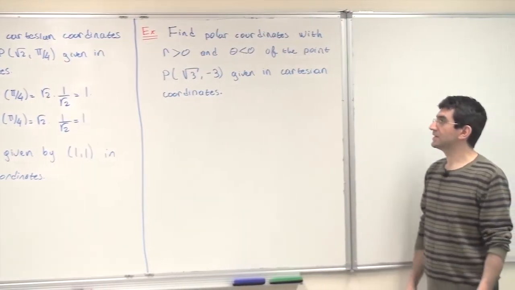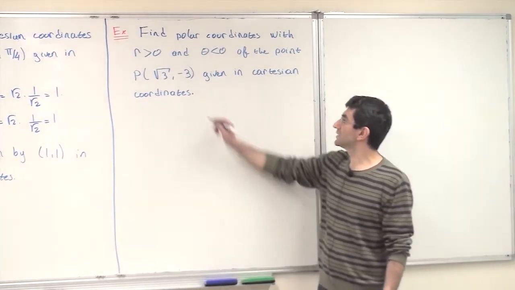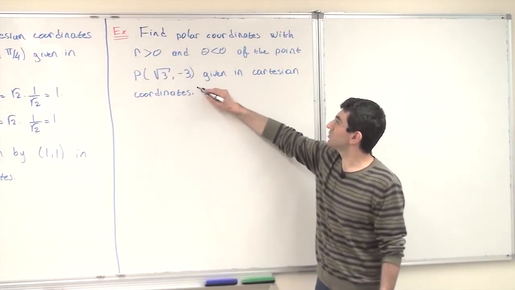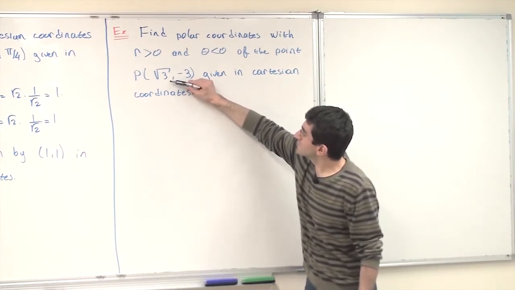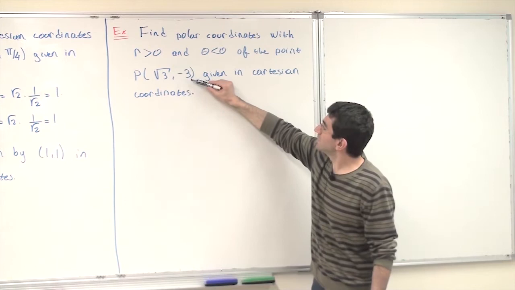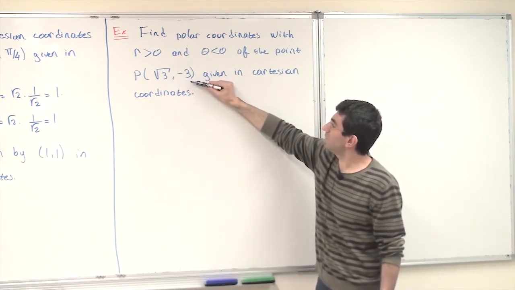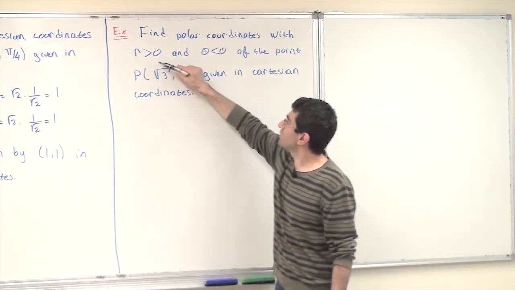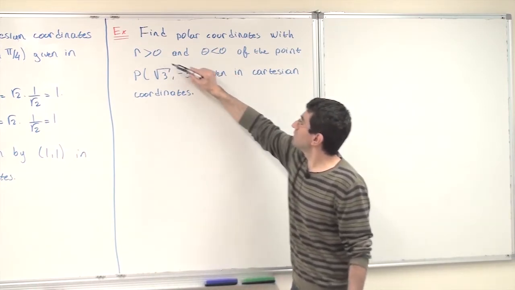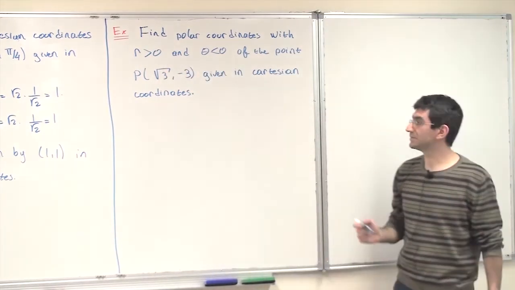In this exercise, we are going to find polar coordinates of a point which is given in Cartesian coordinates. So our point in Cartesian coordinates is square root of 3, negative 3. So those are the x and the y components of the point. And we want to find the corresponding r and theta where r is positive and theta is negative.